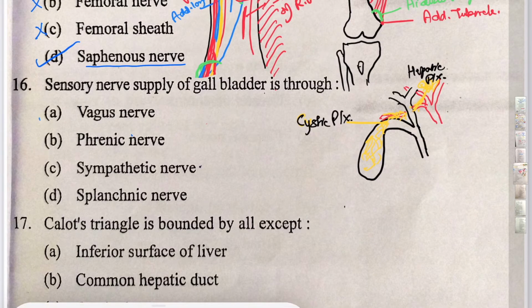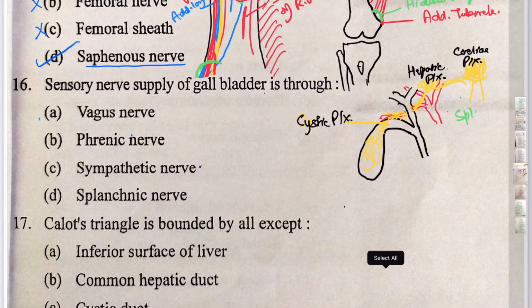And this hepatic plexus is derived from the plexus along the celiac trunk. So this is derived from celiac plexus. And in celiac plexus there is contribution from splanchnic nerves, and those are actually sympathetic fibers from T7 to T9 through the greater splanchnic nerves, both right and left, and of course contribution from vagus.